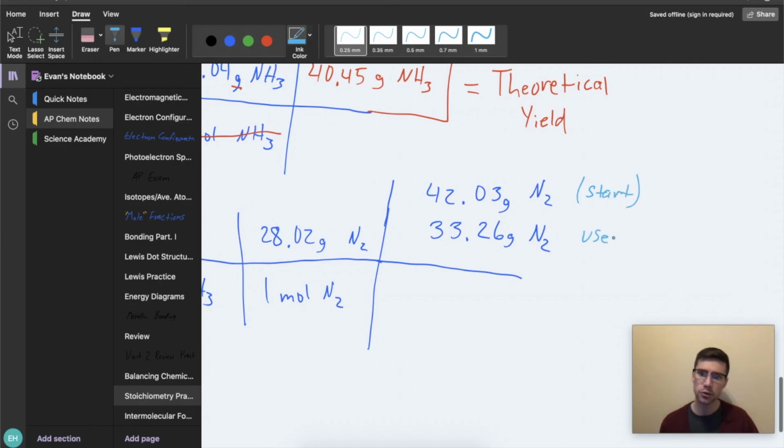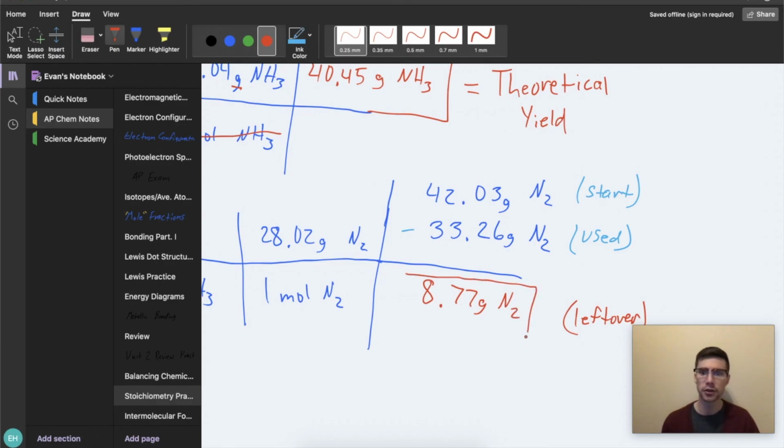This is what we used. So if we subtract what we used from what we started with, we should be able to calculate how much is left over. Okay? So if you do this actual subtraction, you should get about 8.77 grams of N2. And this value represents how much nitrogen gas is in excess.